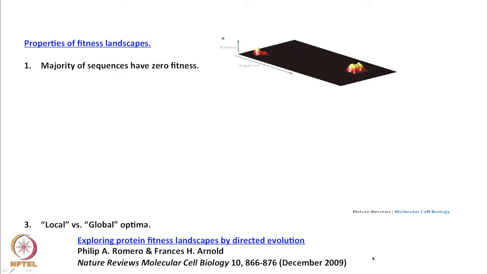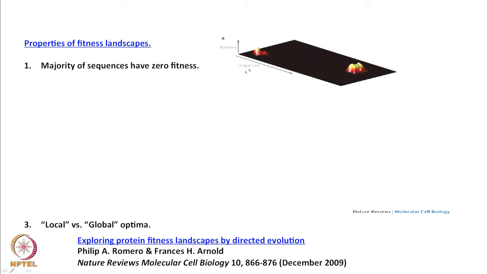The reference is at the bottom of the page, and we want to emphasize 3 particular characteristics which are associated with landscapes. The first one is that the majority of sequences have 0 fitness. So on the figure that you see on the right here, again the 2-dimensional plane represents all particular sequences.